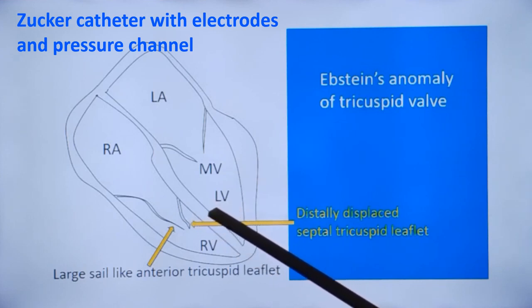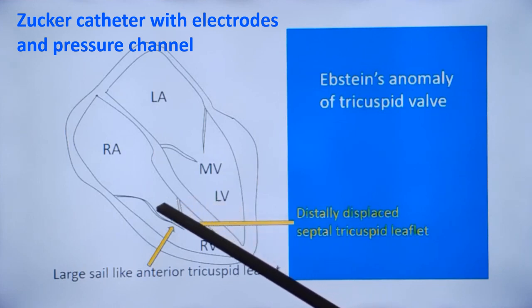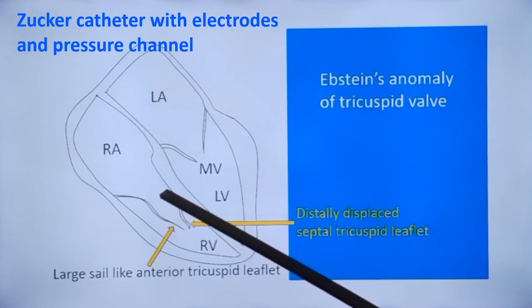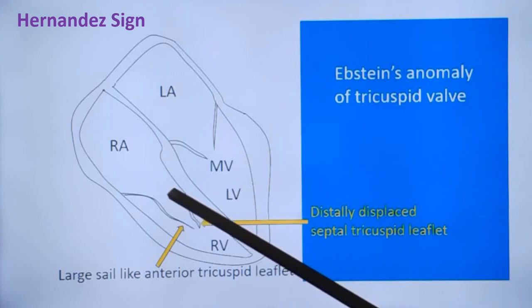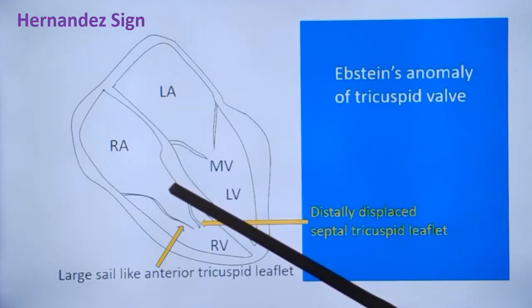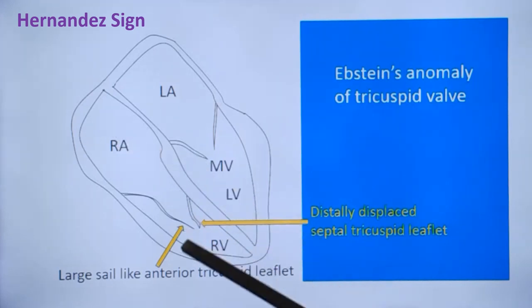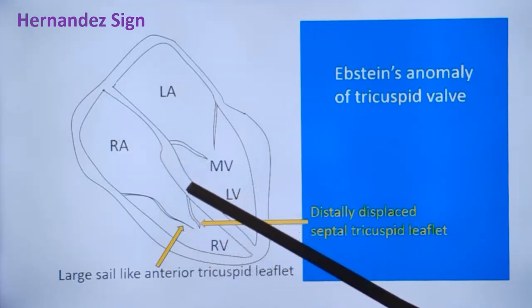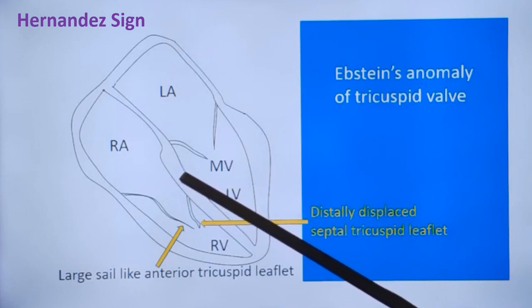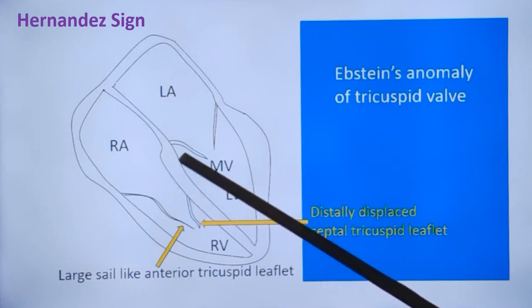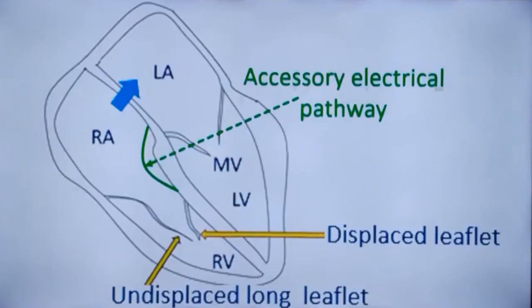The Saka catheter has both an electrode as well as a pressure channel, so it can be used to detect Hernandez sign. Hernandez sign is intracardiac pressures in this region showing a right atrial pressure tracing, while the intracardiac electrogram using the Saka catheter will show a ventricular type of electrogram.